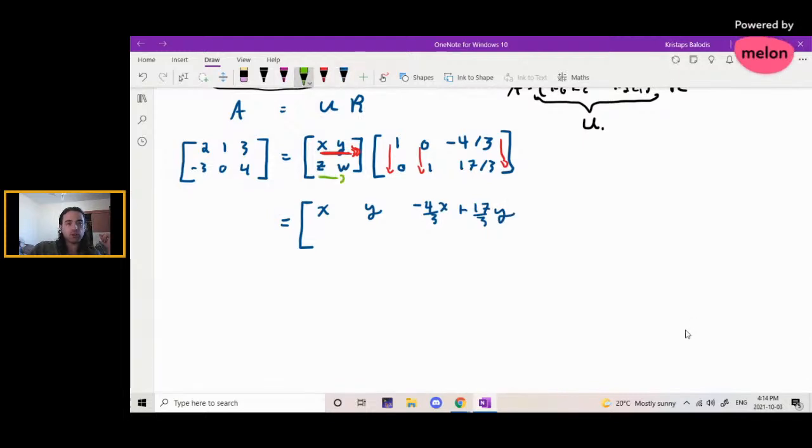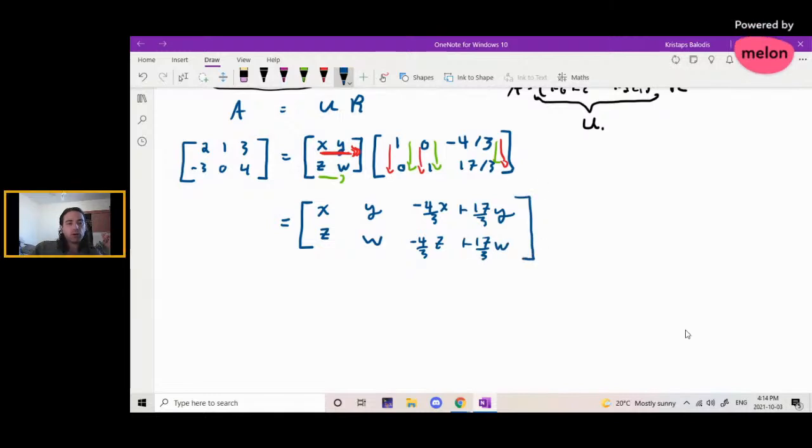And I do the same thing for the bottom row, right? So I'm going to go across and down, across and down, across and down. And what I'm going to get is z, w, minus 4 over 3z plus 17 over 3w.